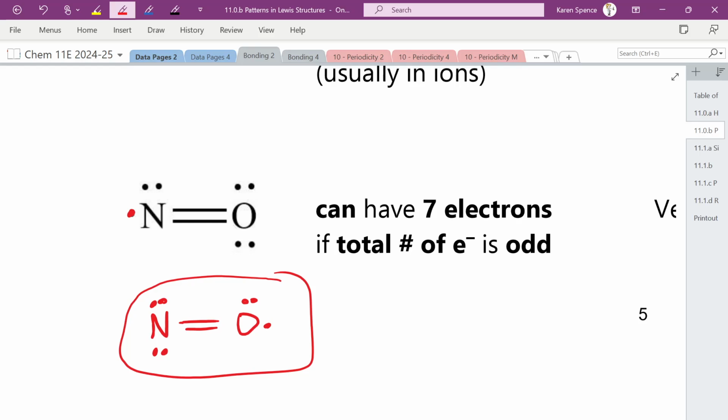How am I getting more sixes? Not good. That's not wrong.